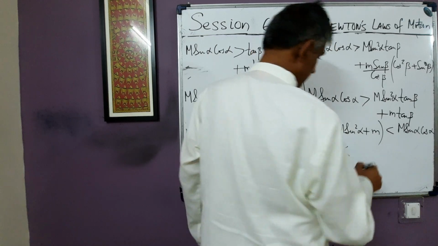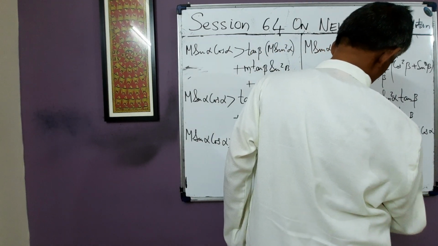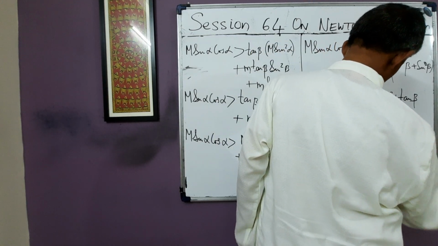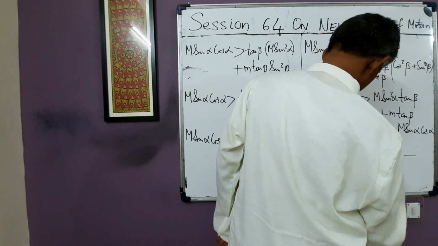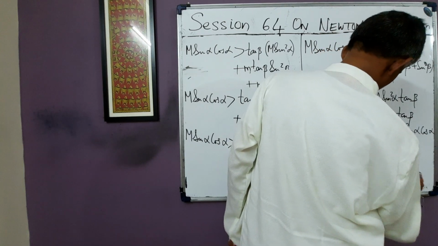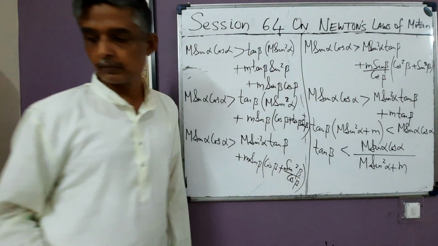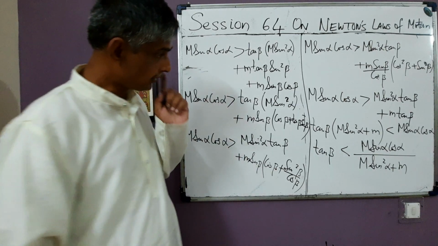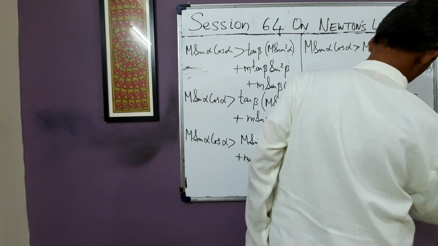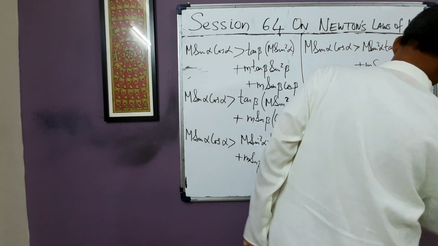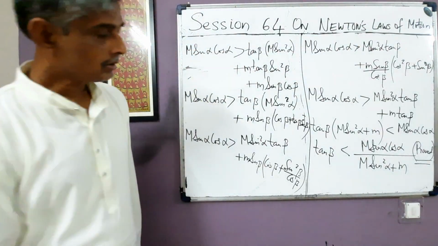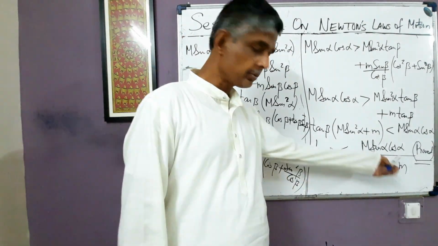So tan beta should be less than M sin alpha cos alpha upon M sin square alpha plus small m. This is what is required to be proved. Okay, as proved. Fine, all right. This is what we are supposed to prove, and has already been proved.